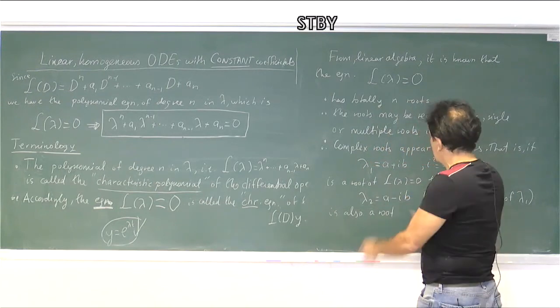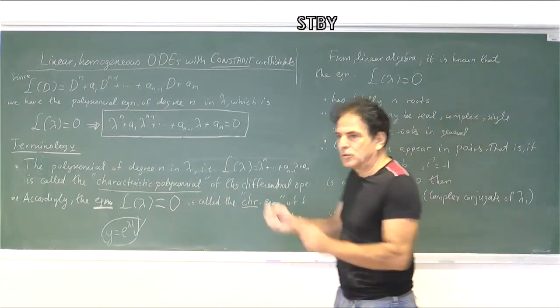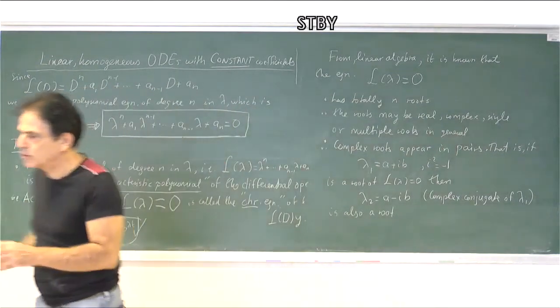So such complex conjugate roots appear in pairs.